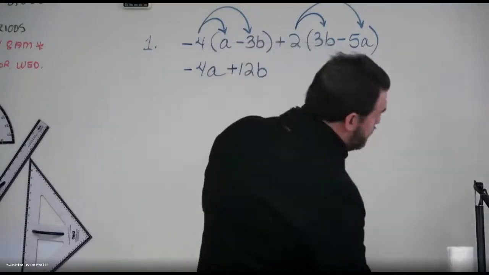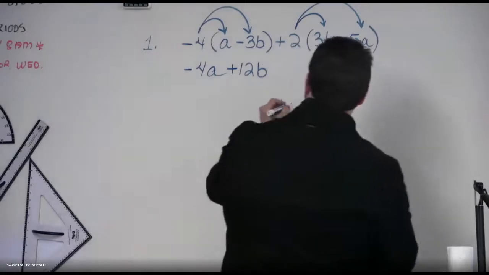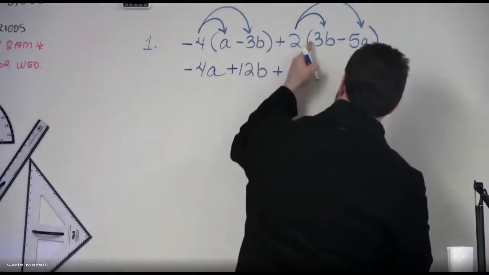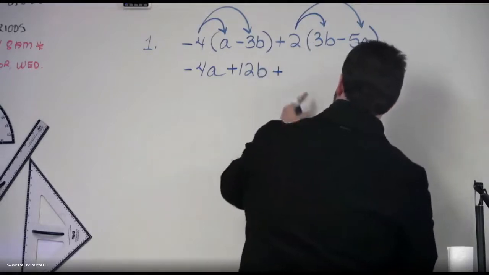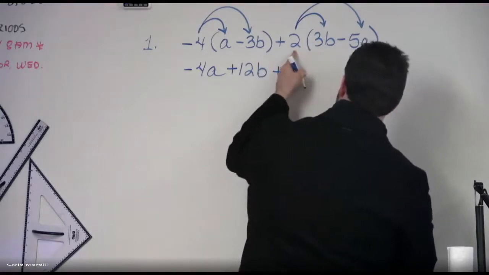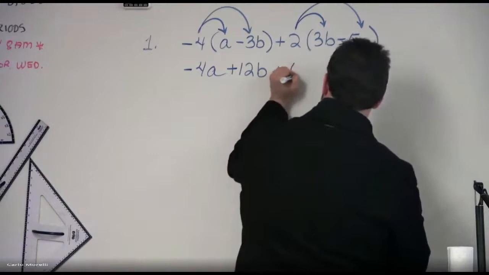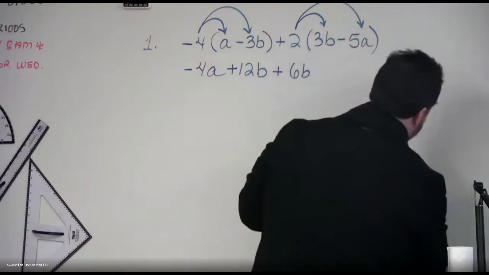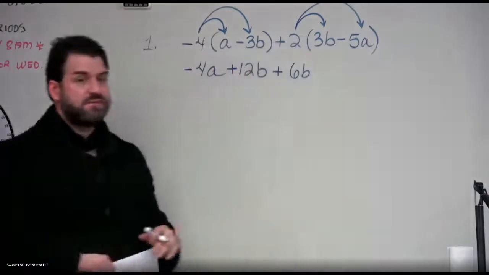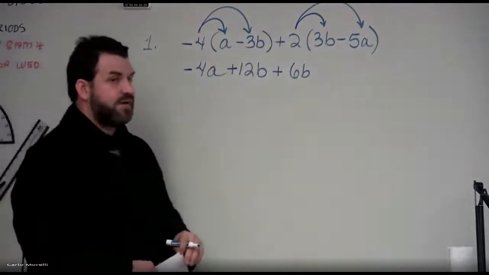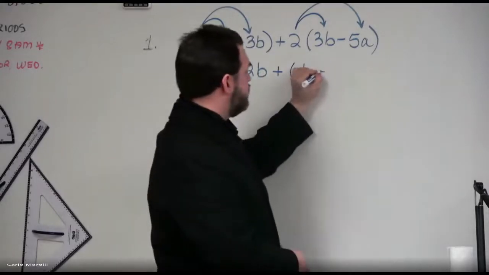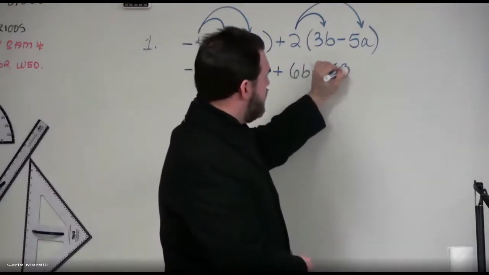Now, because this is a plus sign, we know it's going to be a plus sign since this is not a negative. 2 times 3 is 6, so 2 times 3b is 6b. Now 2 times -5 is going to be -10, so 2 times -5a is -10a.